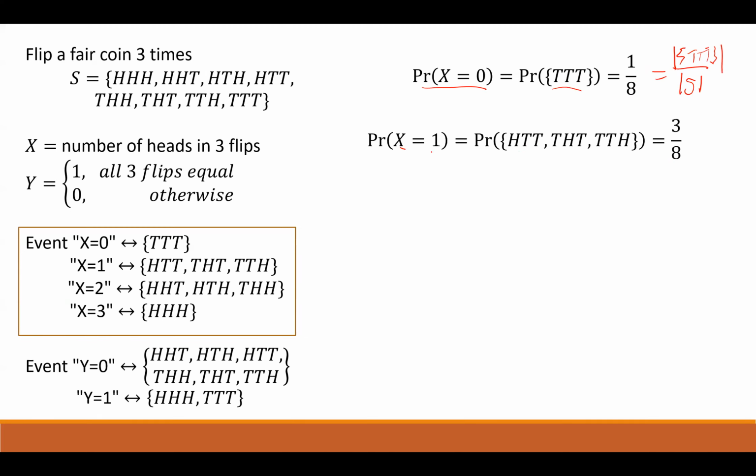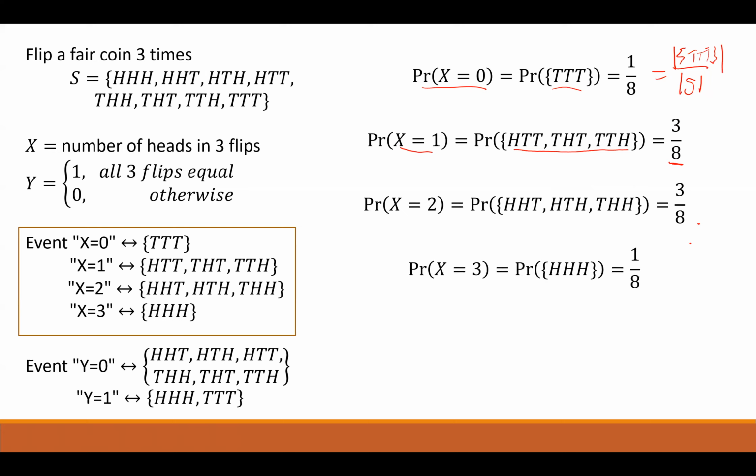The probability that X is equal to 1, well, now the size of my event space is 3. Since this is a uniform probability space, it's 3 over the size of the sample space, or 3/8. X equal to 2 is also 3/8. X equal to 3 is 1/8.